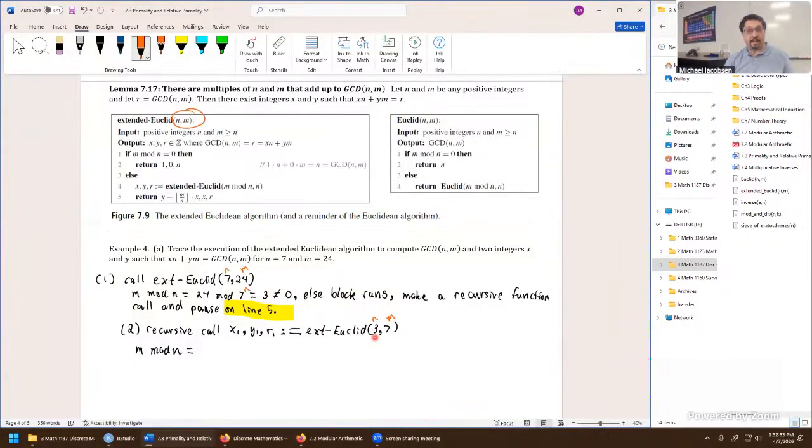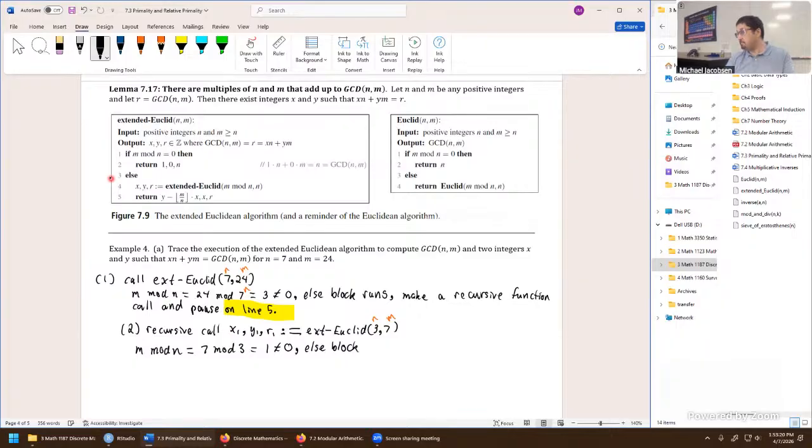So we're taking 7 mod 3. Sadly, 7 mod 3 is 1. The remainder after dividing 7 by 3 is 1 itself. That means it's non-zero. This if block doesn't execute. Not 0, so the else block is going to run instead.